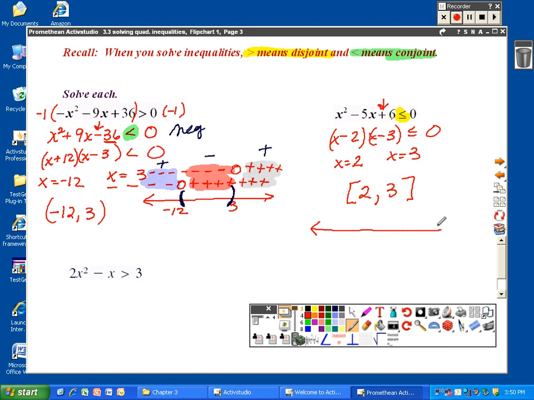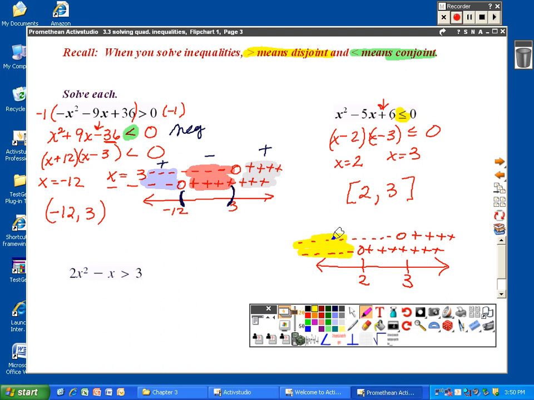Or graphically, I'm going to move this down a little bit. We had a 0 at 2 and a 0 at 3. Anything to the left of a 0 is negative, to the right is positive. Anything to the left is negative, to the right is positive.